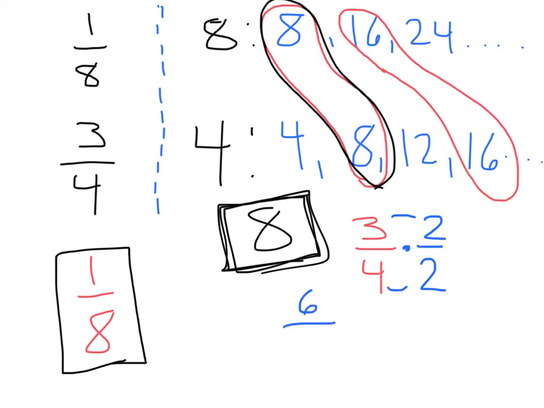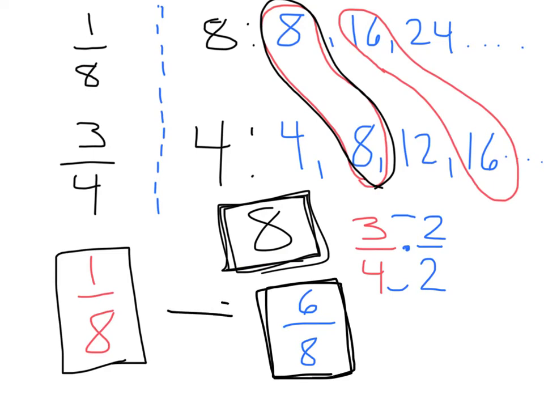And 4 times 2 on the bottom is going to give me 8. Now, looking here, I have a denominator of 8. I have an equivalent fraction of 6/8. That's my common denominator. So I know that this now has a common denominator with this over here. 1/8 and 6/8 written with our common denominator of 8.